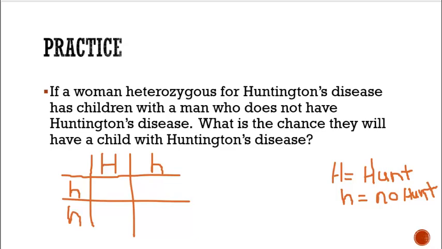The woman is heterozygous for Huntington's, meaning two different alleles. It's a dominant controlled genetic disorder, so we have the dominant allele. In order to not have Huntington's, he has to have two recessive alleles. If he has the dominant allele, then he's going to have Huntington's. So what is the chance they will have a child with Huntington's?